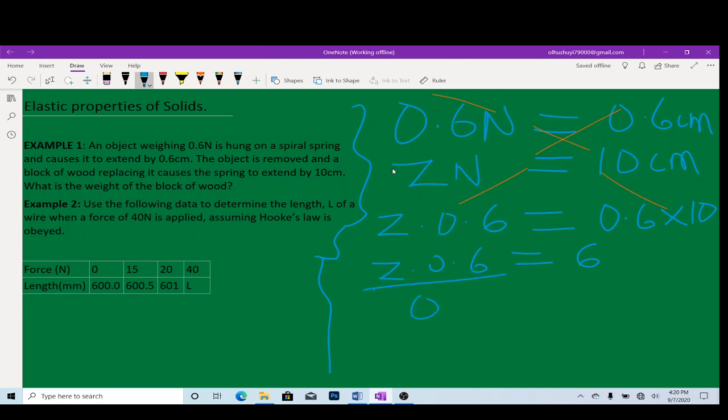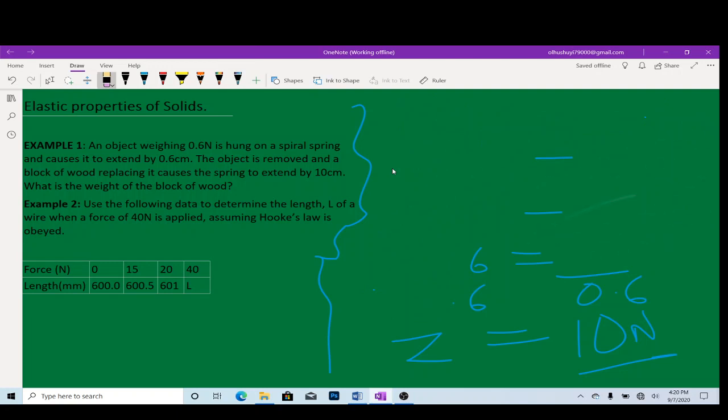Divide both sides by 0.6, so Z is equal to 6 divided by 0.6, which is 10. So if 0.6 newton can produce 0.6 centimeter length, then 10 newtons will also produce 10 centimeter length. Can you see that? Just a direct proportion. Let's solve example 2.